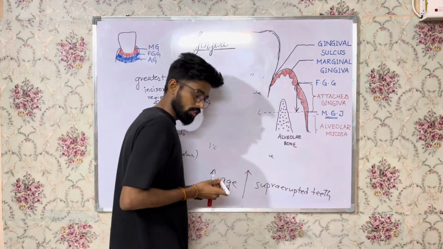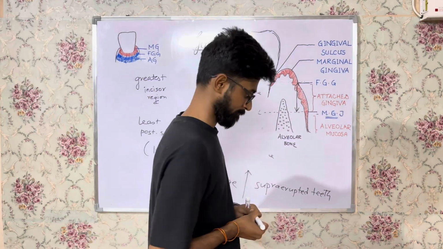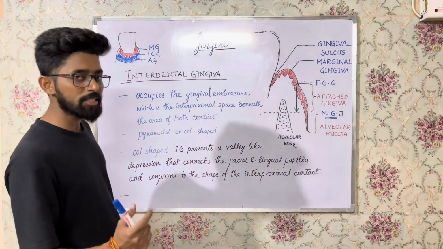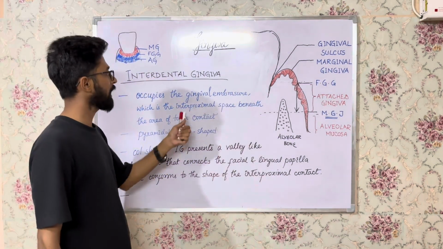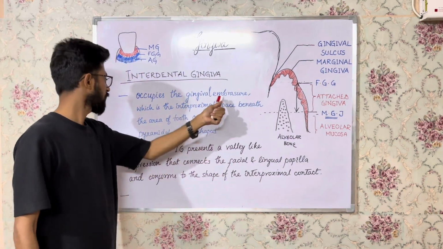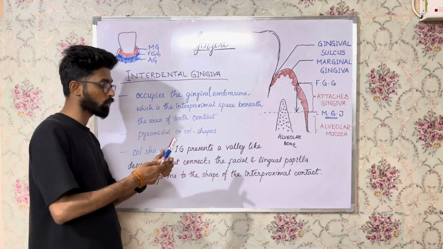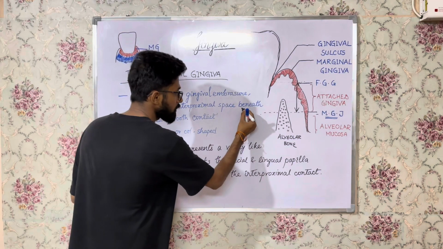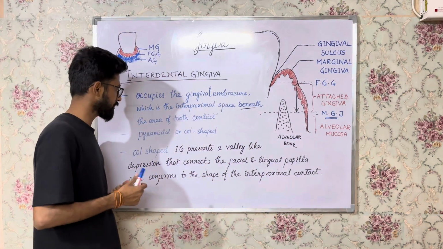Okay, so now we will move to the interdental gingiva. Interdental gingiva means gingiva between two adjacent teeth. It occupies the gingival embrasure, which is the interproximal space beneath the area of tooth contact. How will we understand this?